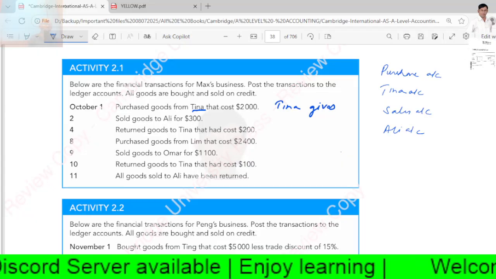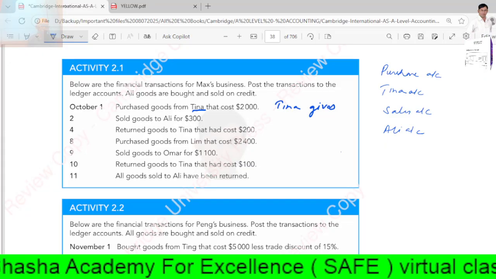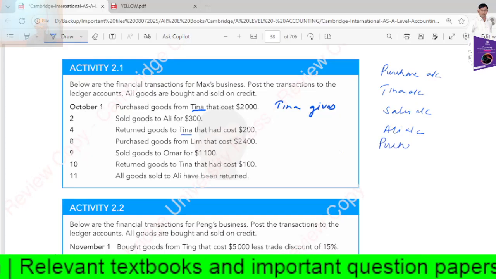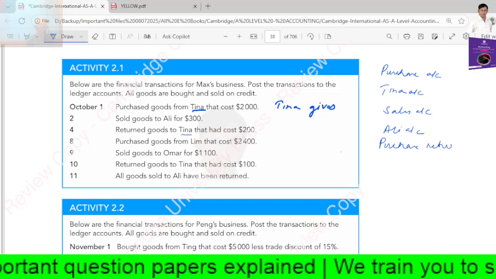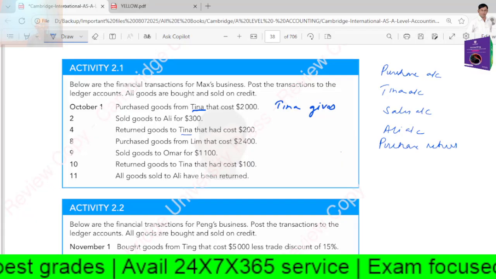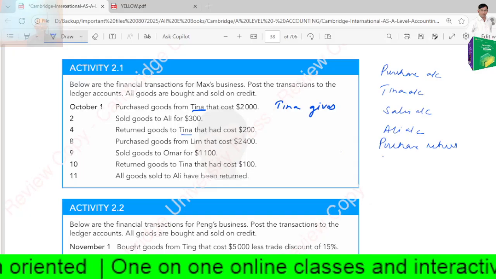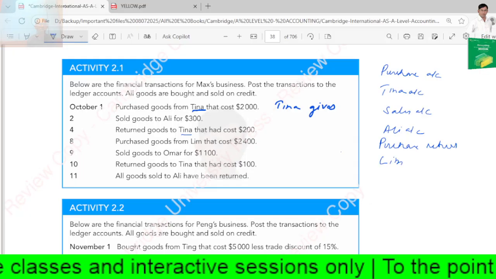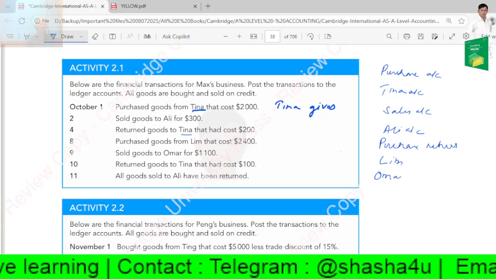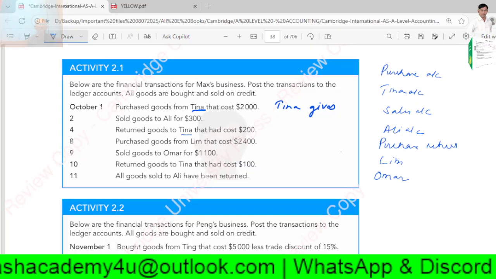Return goods to Tina. Returning goods to Tina means we return only those goods which we have purchased. So it is purchase returns. Then purchase goods from Lim. So Lim account. Purchase account is already there. Sold goods to Omar, so Omar account, because sales account is already there. Return goods to Tina, purchase returns again.